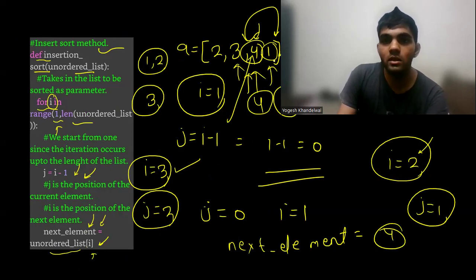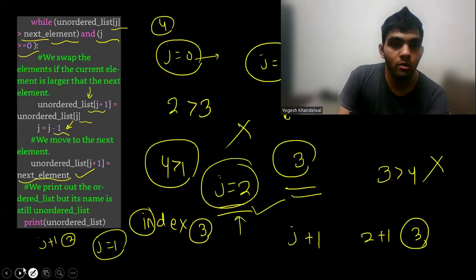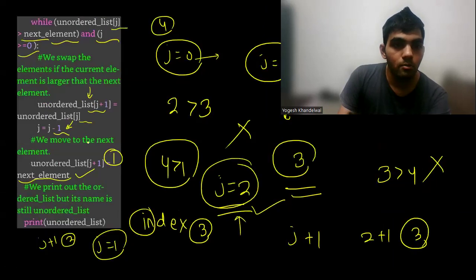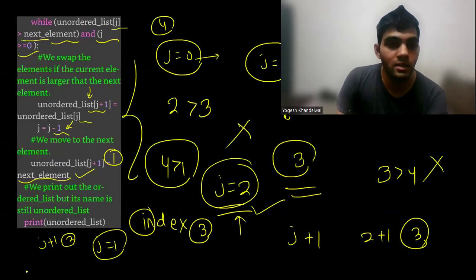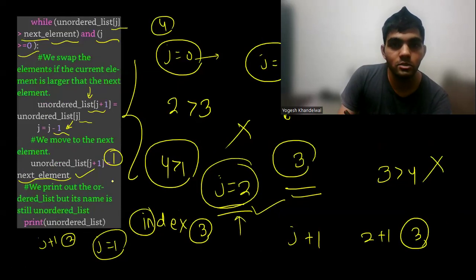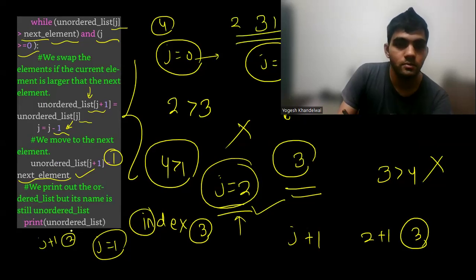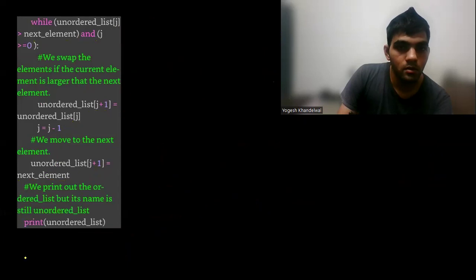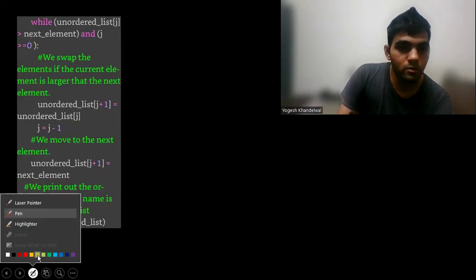Initially we stored this element as 1, so now this element will become 1. By doing this whole process we are just swapping these two elements, 1 and 4. So now our list becomes 2 3 1 4.